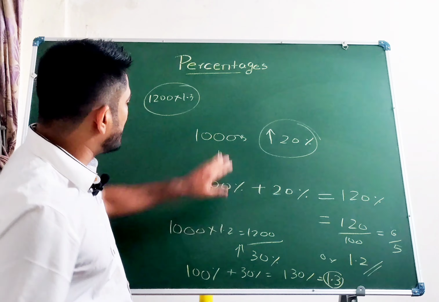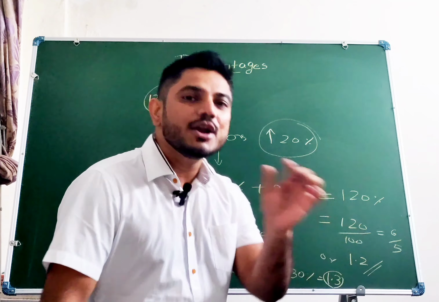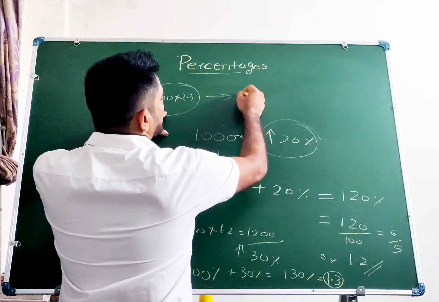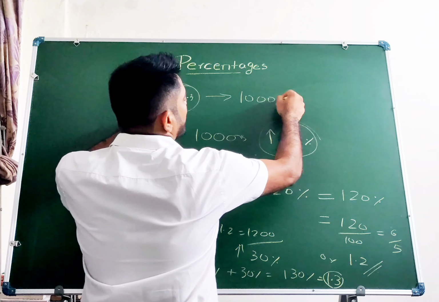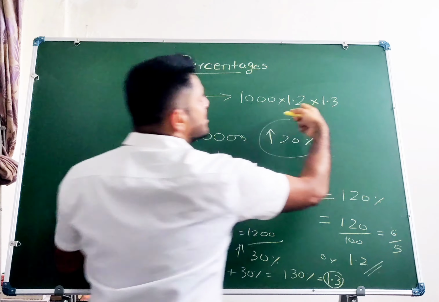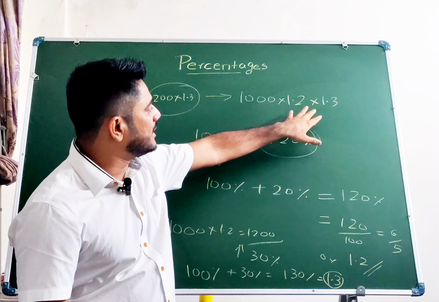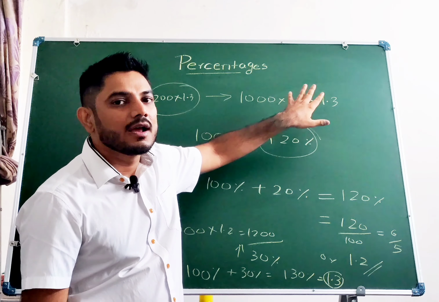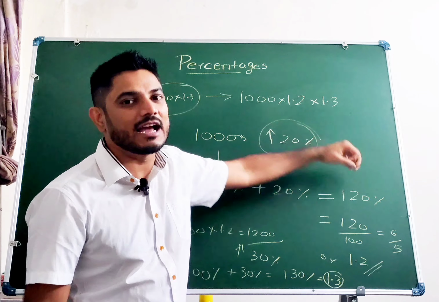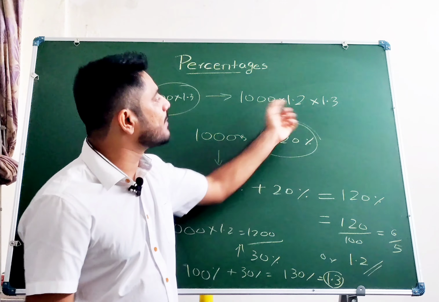Now, if you observe, if I have to compare it with 1000 rupees, a successive percentage change of 20% and 30% can be written as 1000 multiplied by 1.2 multiplied by 1.3. So as you can see, I'm attaching the multiplying factor every time I'm changing it, right? If it is obviously increment, it is 1 point something.